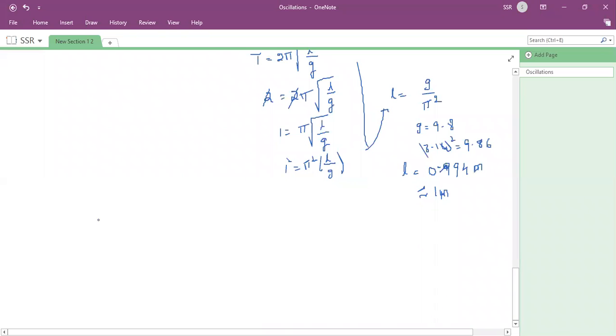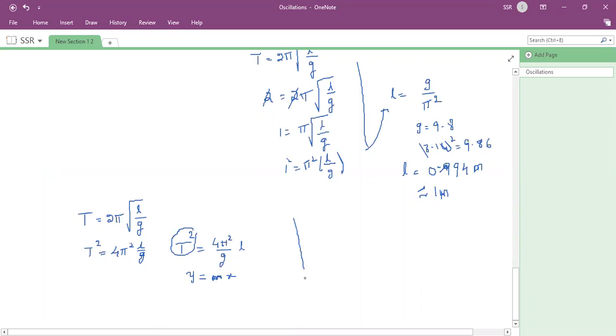We have a relation already: time period T is equal to 2 pi root L by G. I can write T squared is equal to 4 pi squared L by G. Now the graph between L and T squared: T squared is equal to 4 pi squared by G into L. So T squared you can imagine as Y, then Y is equal to some constant M into L, with L as X, Y equal to Mx. So it is a straight line where Y is T squared and X is L.